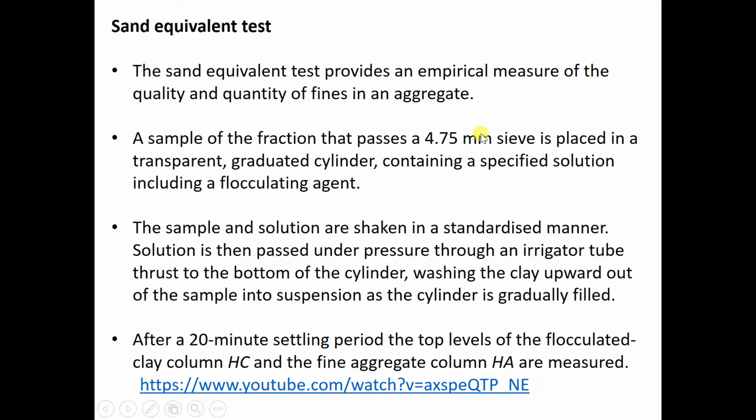If you pass through the 4.75 mm, that means the particles are fine aggregates. All the big ones will be excluded already. Only this very small fraction remains, the fine aggregates 4.75.